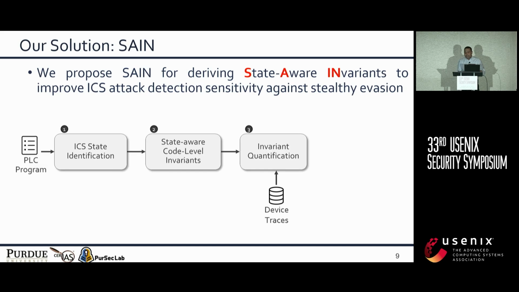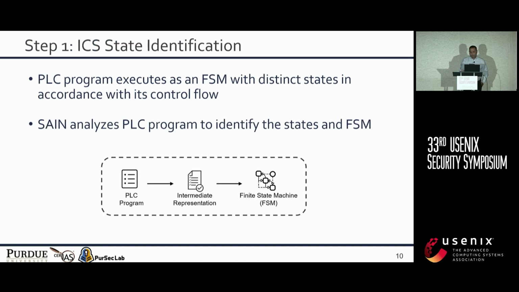SAIN then quantifies the invariant templates by leveraging ICS data traces partitioned by state to set concrete bound values in these invariants. Lastly, to enforce the state-aware invariants, SAIN has a runtime monitor that validates PLC invariants upon receiving external requests through the HMI. Now let's look at each of these steps.